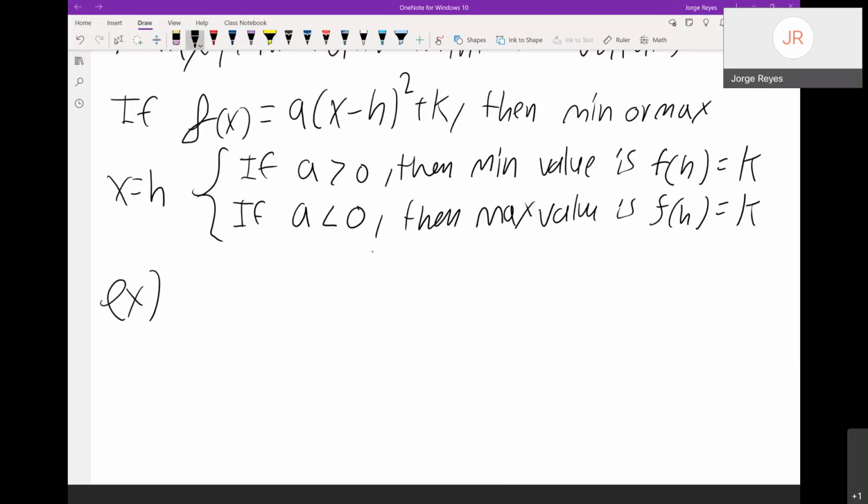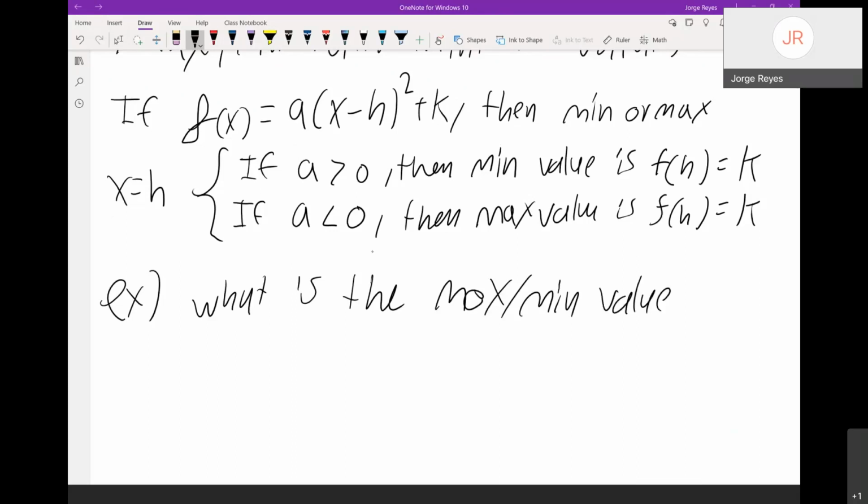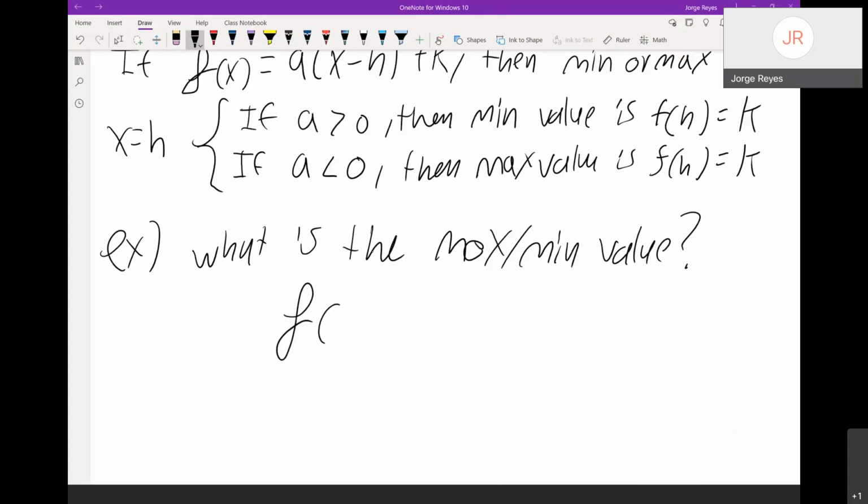The question here is, what is the max/min value? Here's our function, f of x equals 2x squared plus 4x minus 5.